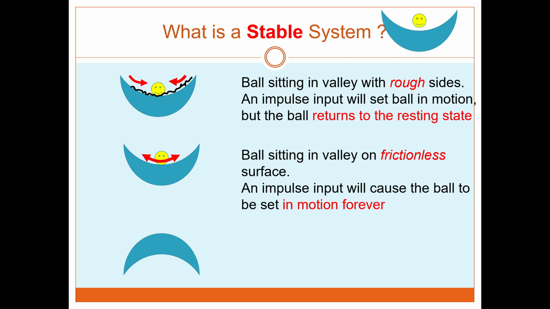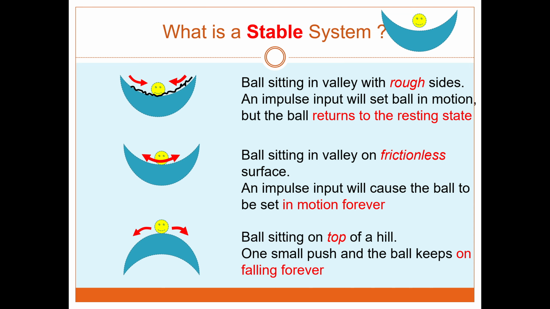But if there is no friction, a frictionless surface, the ball will move around, and an impulse causes the ball to be set in motion forever, which means it's partially stable. So this is partially stable, this is stable, and this is unstable.